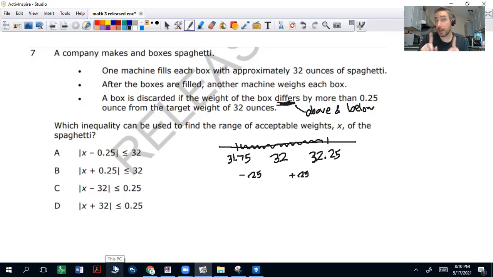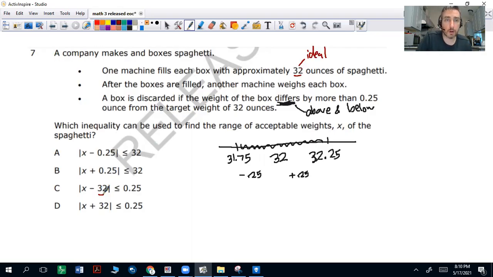Now, one thing that is always going to be the case on these, it's always going to be a less than or equal to, because what it comes down to is these tolerance type problems. What we're trying to find is the difference from the actual weight from the ideal weight. This 32 would be the ideal, right? We want it to be 32 ounces, but it could be a little bit less and a little bit more.